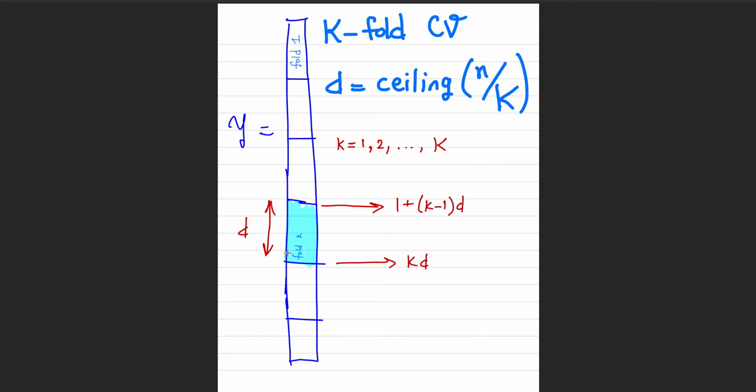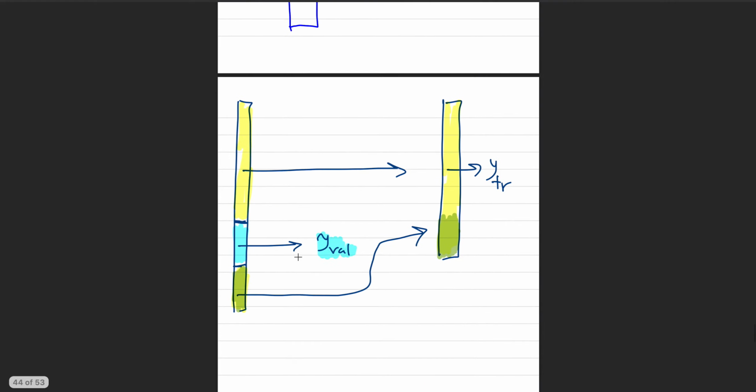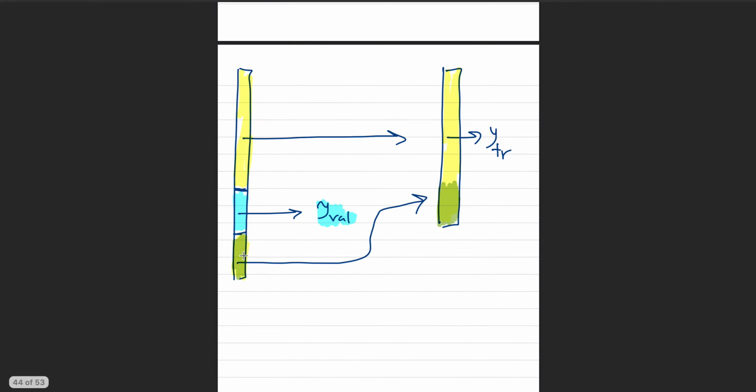So we take what is here, put it aside, use the rest to train, and then test it on this. This part and this part together make y train, and the rest becomes y validation.